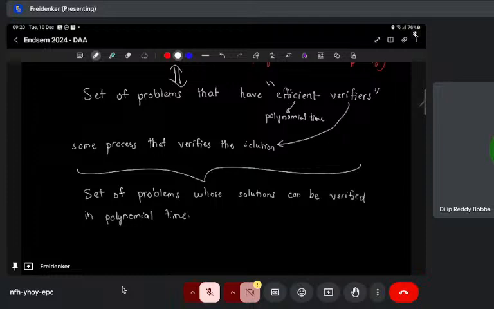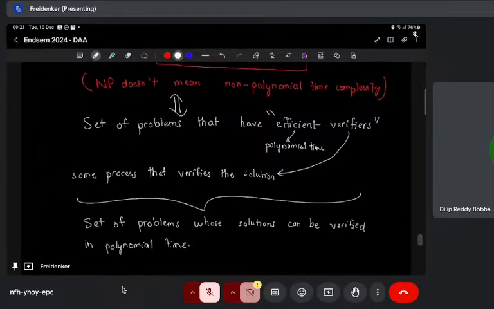What do I mean by verify? Suppose you're given a solution, you're supposed to tell whether the solution actually solves the problem or not. That is verification. If you're able to do the verification in polynomial time, then the problem has an efficient verifier.